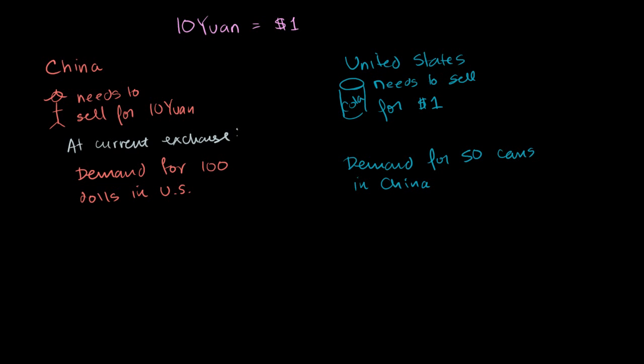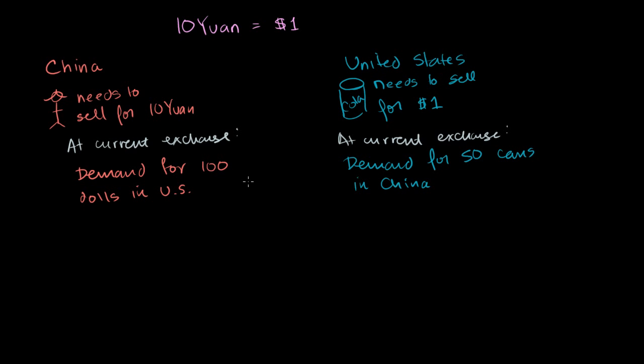So in China, he needs to get $1, which at the exchange rate is 10 yuan. So if he were to sell each of these cans for 10 yuan at a store or to a distributor in China, there's demand for 50 cans.